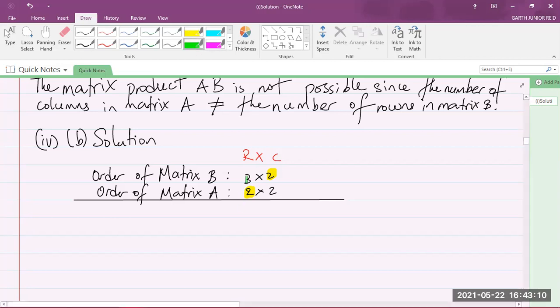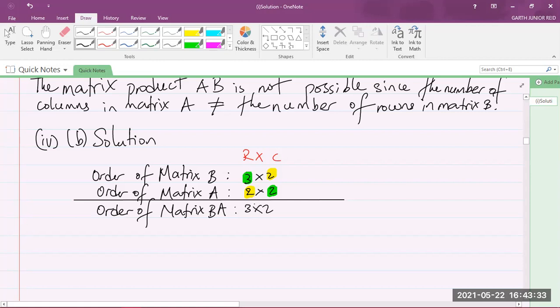And these two numbers here are going to give us the order of the matrix. Those two numbers there in the green will give us the order of the matrix B times A. So I can now say that the order of matrix B times A is going to be 3 by 2.